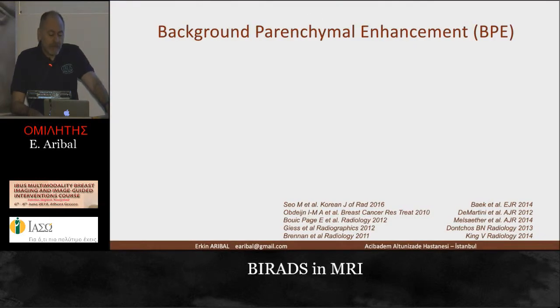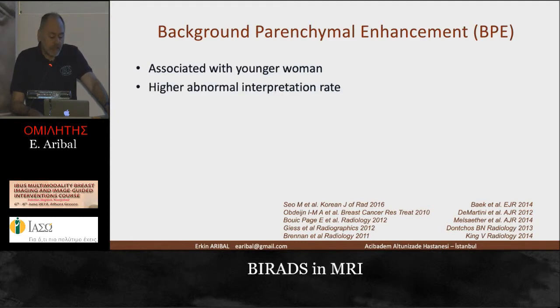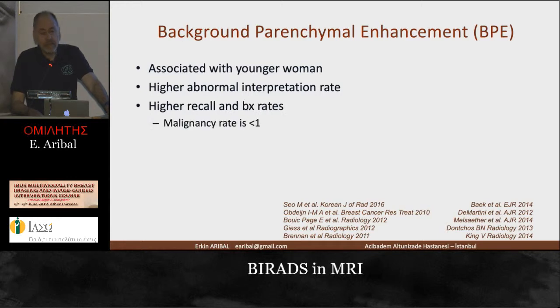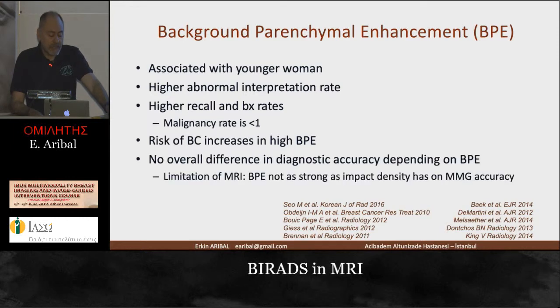Background parenchymal enhancement is mostly associated with younger women. It has a higher abnormal interpretation rate. You have a lot of false positives. That causes higher recall and biopsy rates, but the malignancy rate is less than 1%. The risk of breast cancer increases with high background parenchymal enhancement, but there is no overall difference in diagnostic accuracy depending on background parenchymal enhancement.